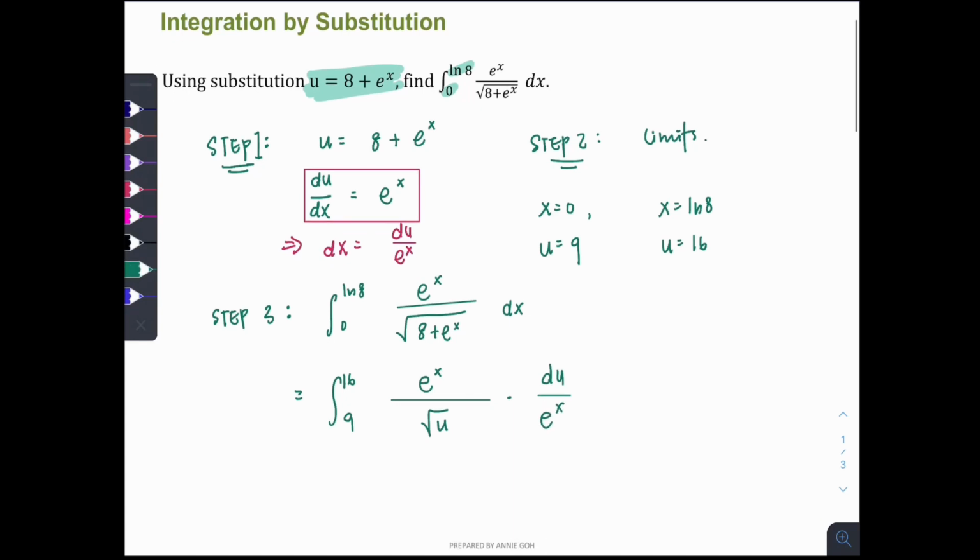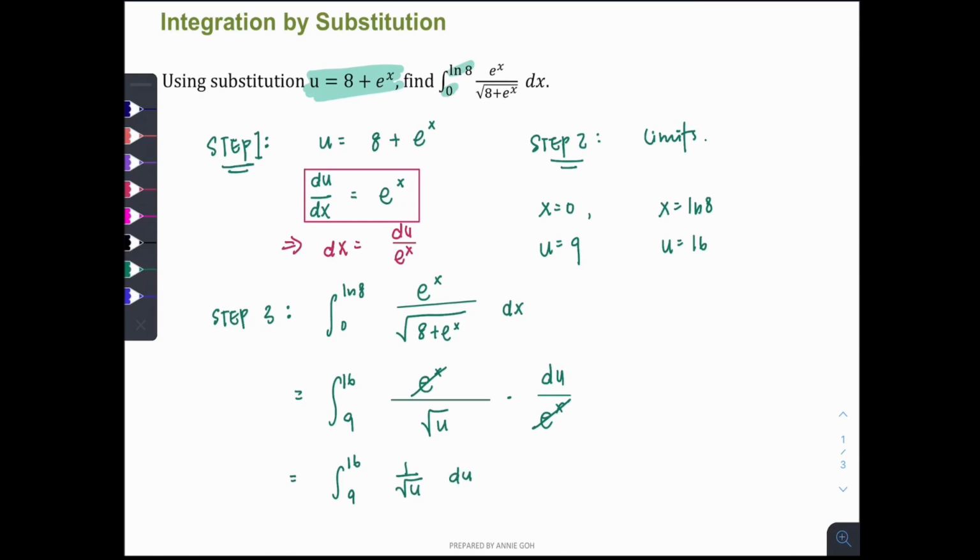For the substitution method, you're supposed to change everything in terms of u, then only you can continue with the integration. For now, there's still an x term, which is e power x. And so happens that this can be cancelled off. And therefore, you will have 1 over square root u du.